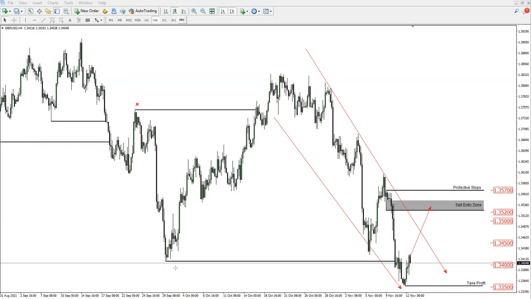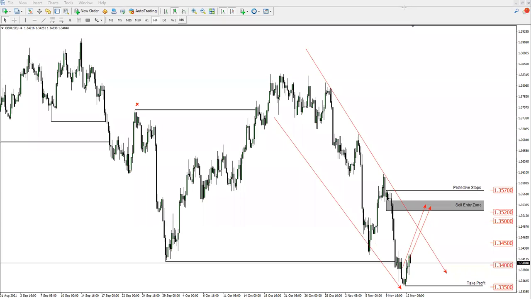No, they need to, as the name says, take out sell side liquidity. That means sell stops in here, that means stop losses in here.